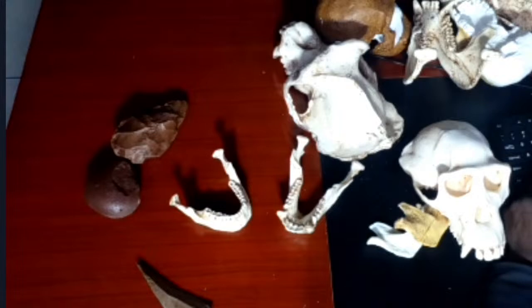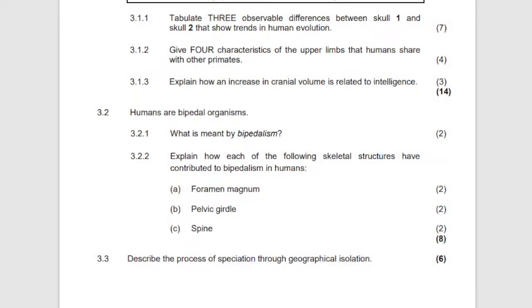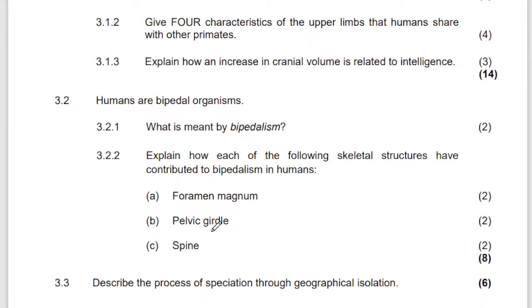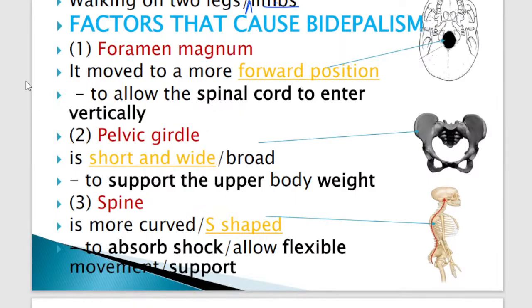When you go back to the foramen magnum, we say that it is in forward position to allow this spine to connect vertically. That's how you're supposed to explain it.